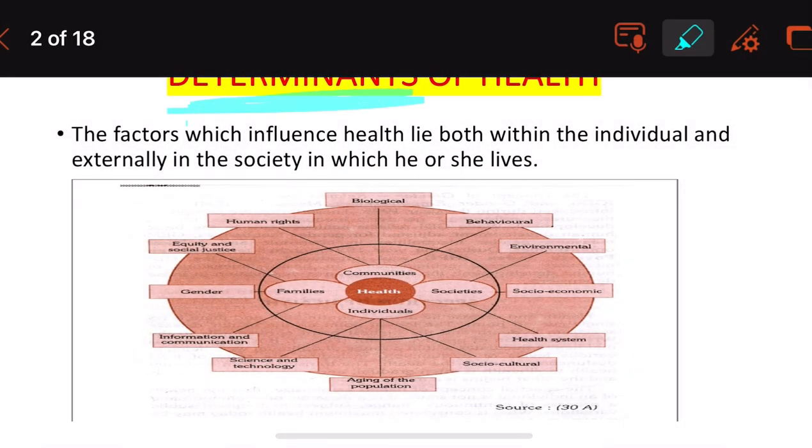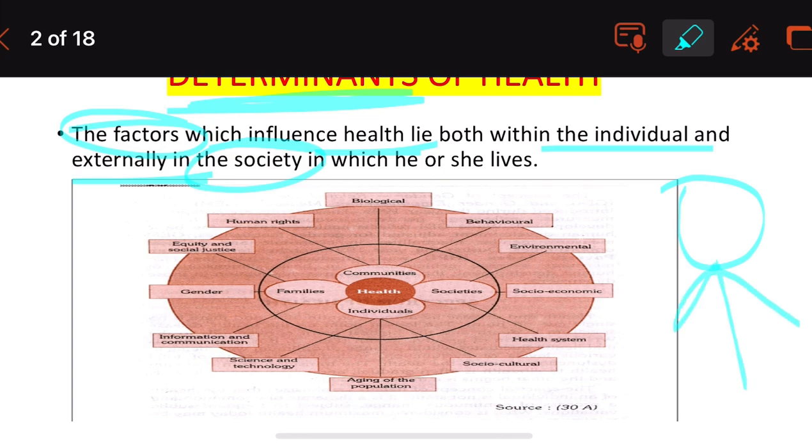Now let us see. The factors which are influencing the health will lie within the individual, or they can lie externally in the society where the person lives. So there is the health which is within the individual, endogenous, or it can be exogenous, external. The environment where he lives can affect the health.